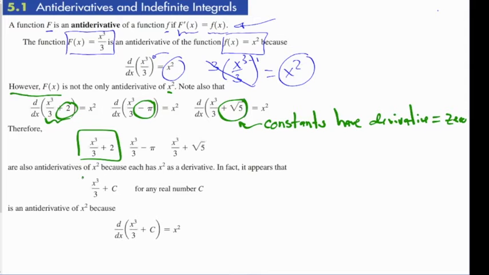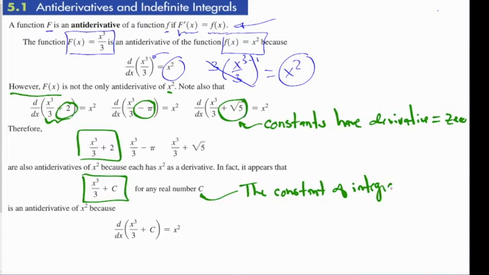And we can write this in a more general sense and call it x cubed over 3 plus c, where c is any real number. And we call this letter c the constant of integration. Integration is the other name given to the process for finding the antiderivative.